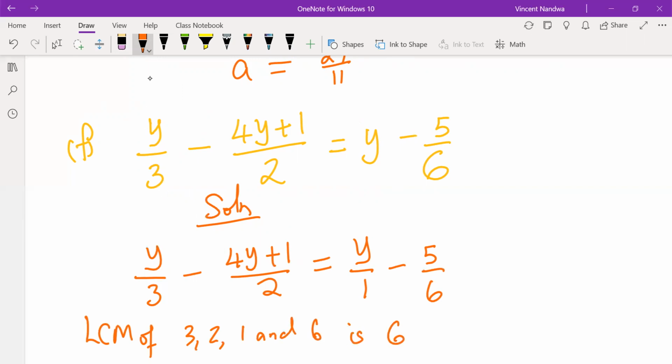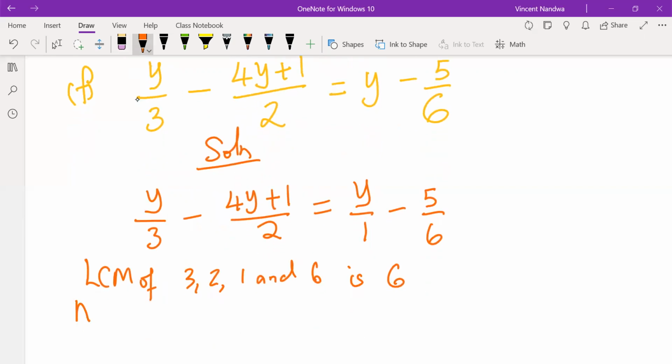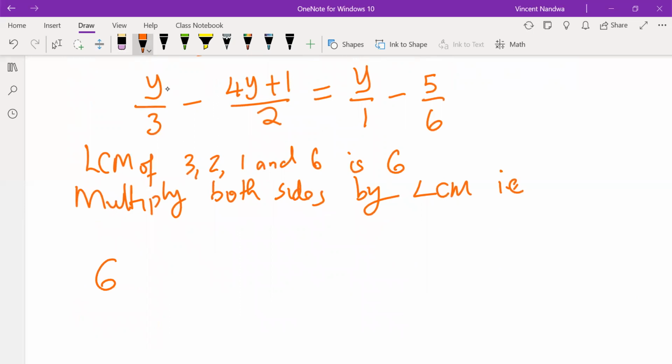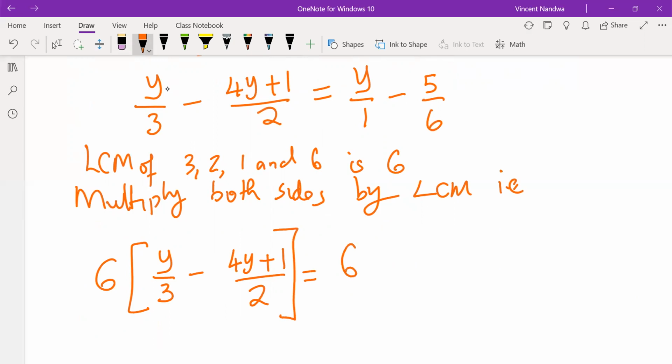So we'll multiply both sides by the LCM, i.e., we'll have 6 into y over 3 minus 4y plus 1 over 2 equals 6 into y over 1 minus 5 over 6.